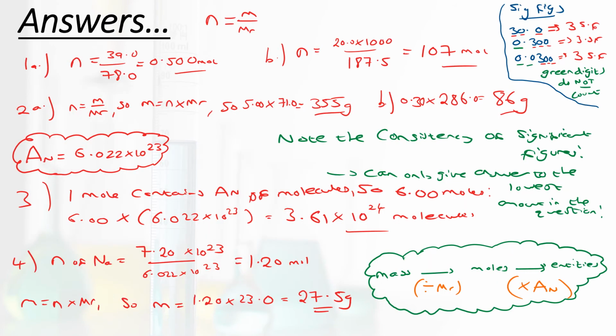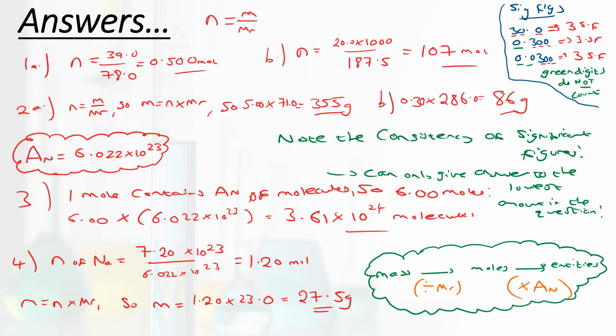So the first question was all about calculating the moles of various substances. The first one was 39 grams of aluminium hydroxide. So we're going to use our formula here of moles is equal to mass divided by the molecular mass, MR, m over MR. So the mass of this is 39 grams, so 39. And then MR, if we work it out for aluminium hydroxide, we need to add together our atomic masses.